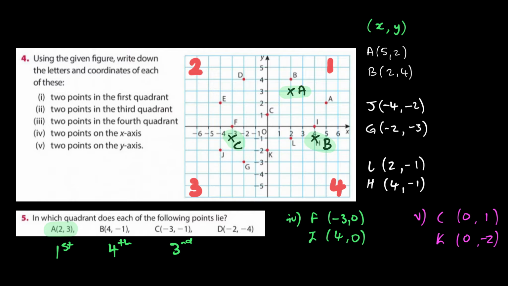If I go to -2 and I go to -4, that will give me point D, which is also in the third quadrant. And you can see that there. I'll just highlight that as well, just so you know that's all part of question 5. So question 5 is the highlighted part.